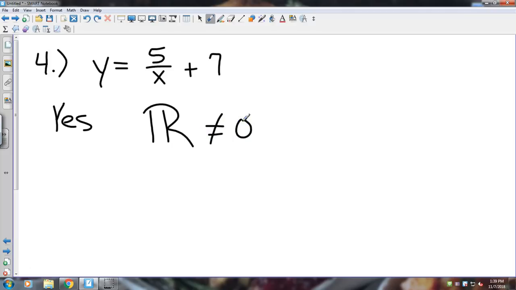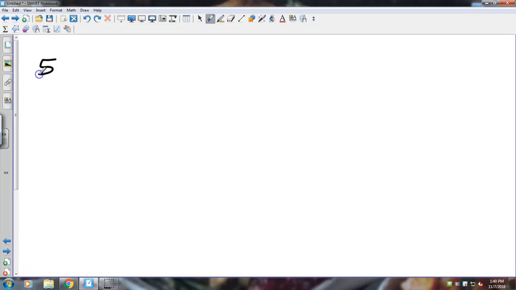So it can be anything but 0. If I put a 0 in there and that makes that 5 over 0 plus 7, 5 over 0 is not a value. It doesn't have value, so I can't add it to 7. But I can put any other number in there and it will work. Question number 5.